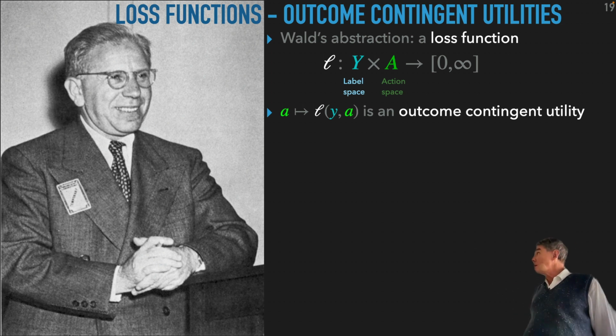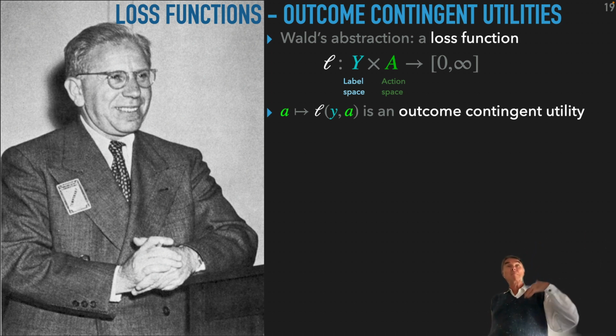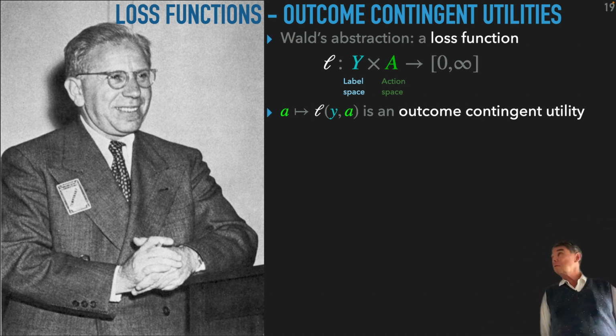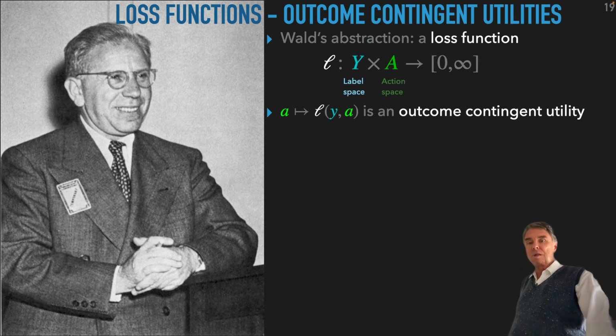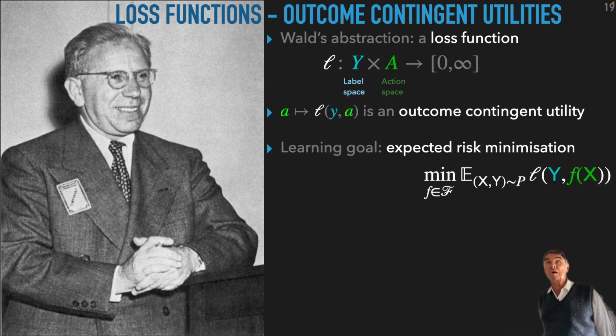But just to set the notation, this is standard, right? A is our action space. That's what we predict. Y is the label. Actually, I've reversed the order from what I said a moment ago. Sorry about that. So this thing here is an outcome contingent utility. Actually, it's an outcome contingent disutility because of the sign convention that we normally operate with.